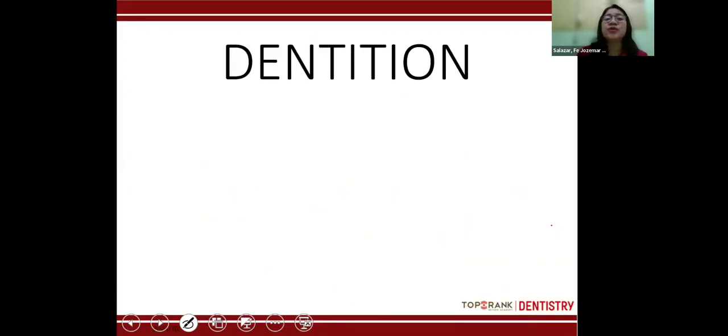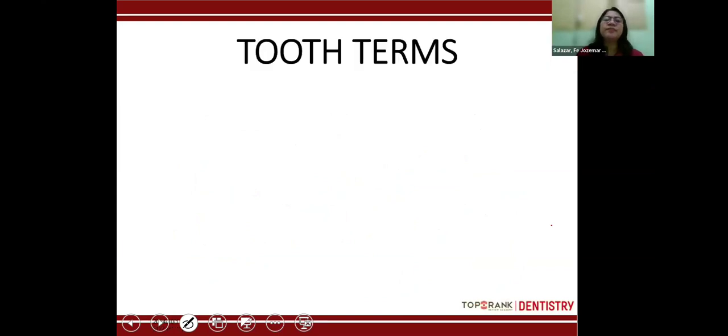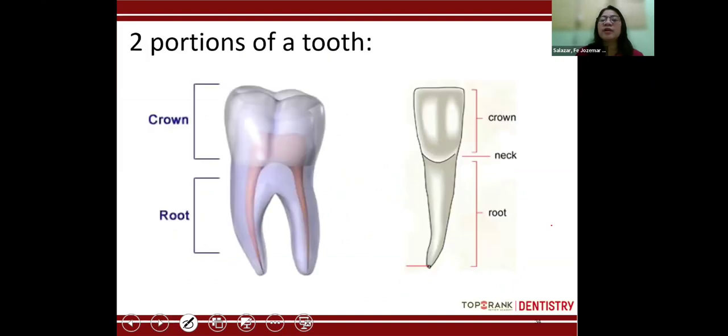Now let's discuss your dentition. Okay, so let's start with tooth terms. Tooth terminology. So a tooth will always have two parts. Those specific parts are specific characteristics of a tooth, but generally, a tooth can be divided into two. You have the crown and you have the root.